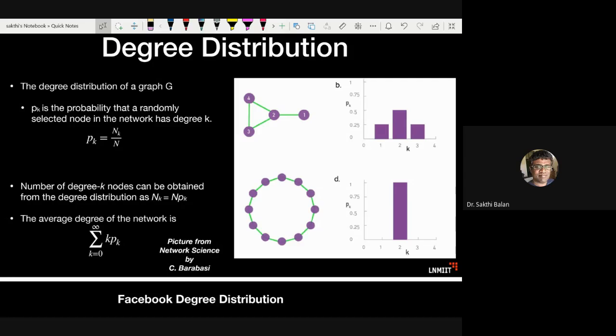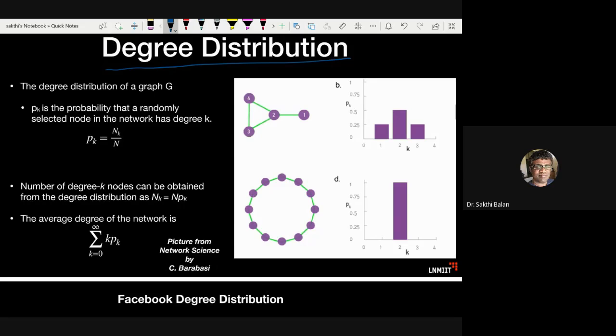It gives us some kind of representation. And if we want more information, you can also give something like a degree distribution. The degree distribution of a graph is nothing but how the degrees are distributed with respect to the vertices.